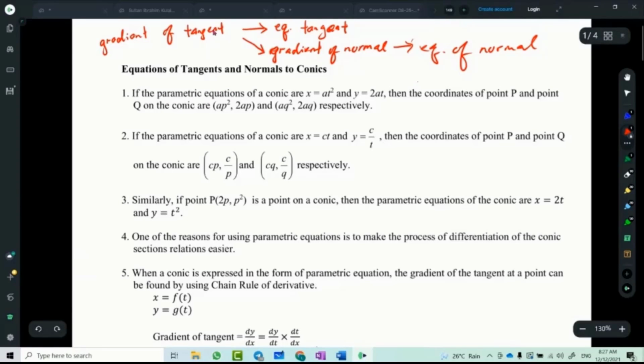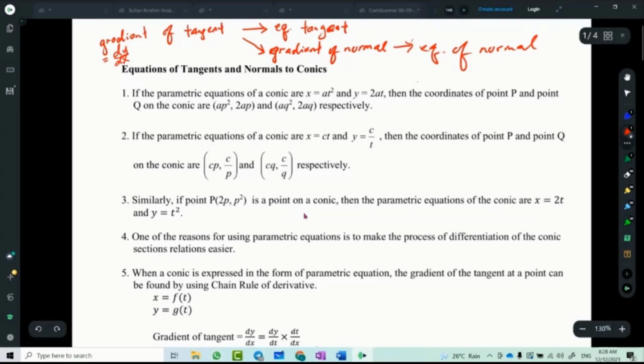Actually, if we want to find gradient of tangent, dia ada banyak cara. One of the cara semasa awak dekat tingkatan 4-5, awak guna apa? Awak guna DYDX, is not? Okay, awak guna gradient sama dengan DYDX masa saya ingat.